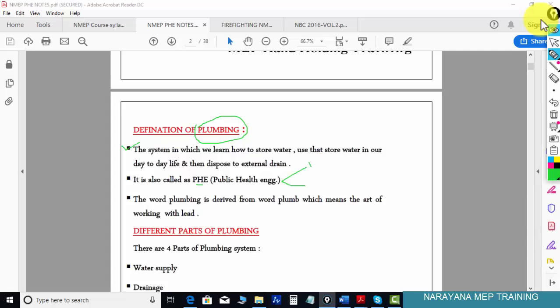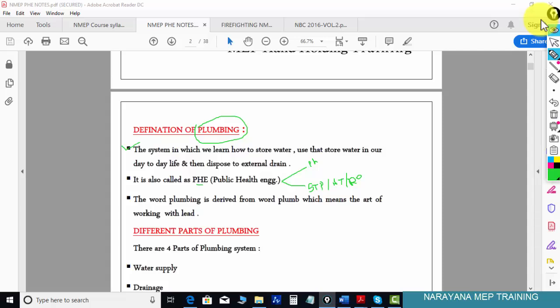One is plumbing, where you use water for whatever in your day-to-day life. But PHE together includes where you will store and treat water: STP, WTP, irrigation, the water treatment plant, and reverse osmosis, the RO plant. These all come here.